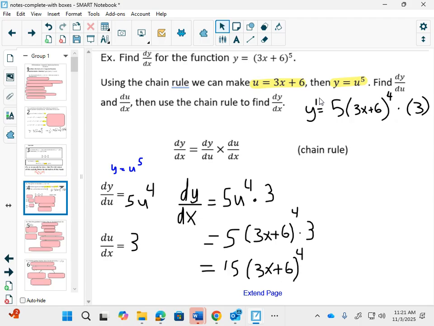This is Leibniz notation. However, most of you will be able to just say, I do the derivative of the outside function, keep the inside the same, and then multiply by the derivative of the inside.